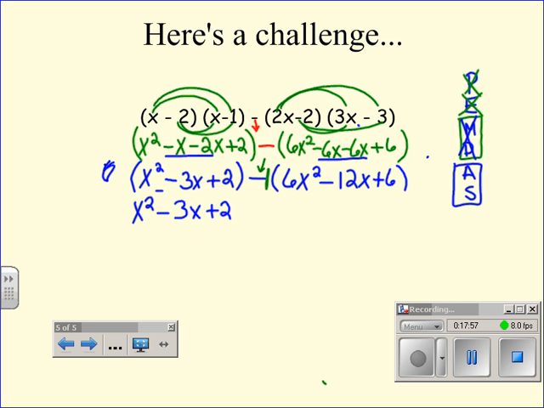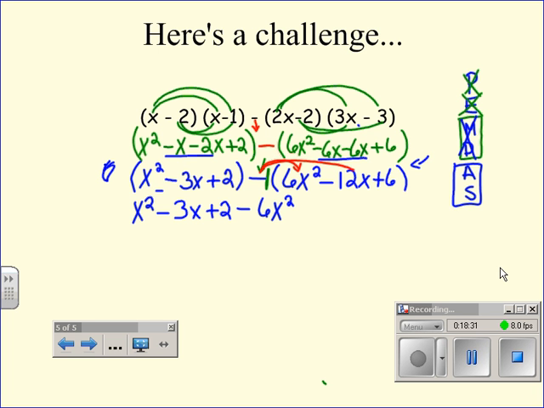Now, in order to take the parentheses off the second polynomial, I'm going to distribute this negative 1. So negative 1 times 6x squared is going to be negative 6x squared. It was a positive 6x squared, but when I distributed the negative 1, it then became negative. Then I'm going to distribute my negative 1, or my negative sign, to my negative 12x.